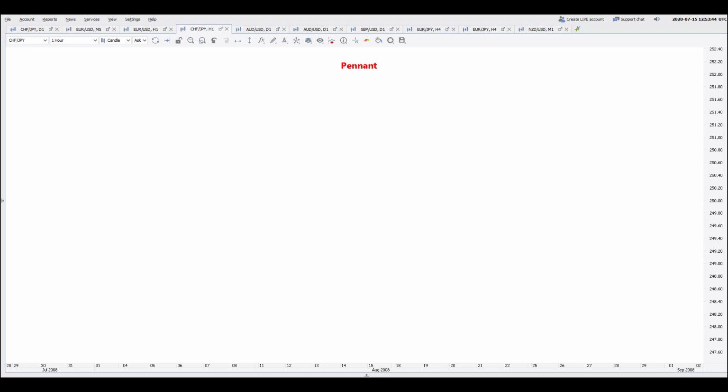As I just mentioned, pennants are patterns of a very small duration, and they occur in the midway of the trends generally.